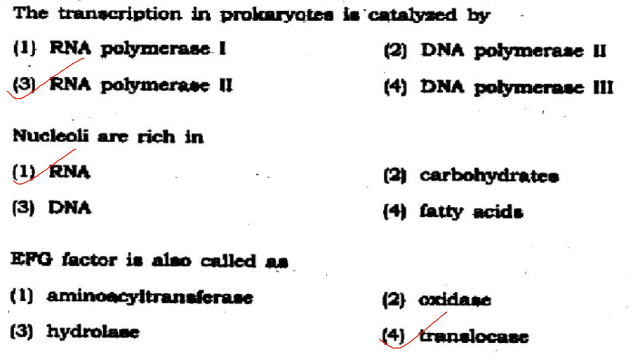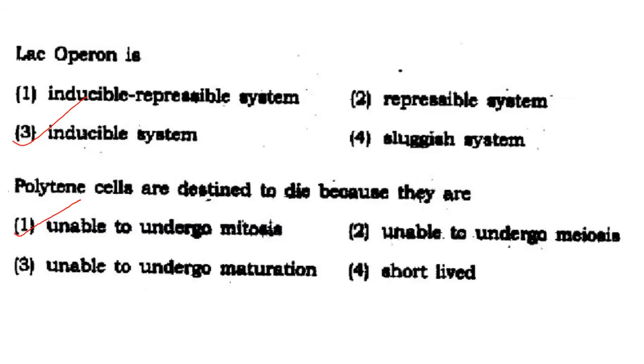Now EF-G factor is called aminoacyl transferase, oxidase, hydrolase, translocase. Answer is 4 translocase. Now lac operon is a repressible system, inducible system, sluggish system. Answer is option 3 inducible system.